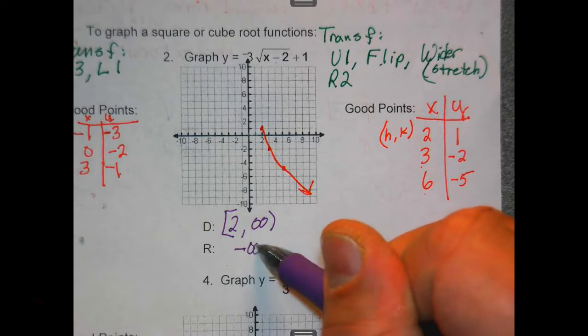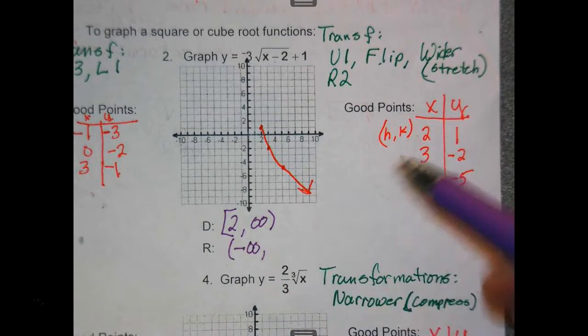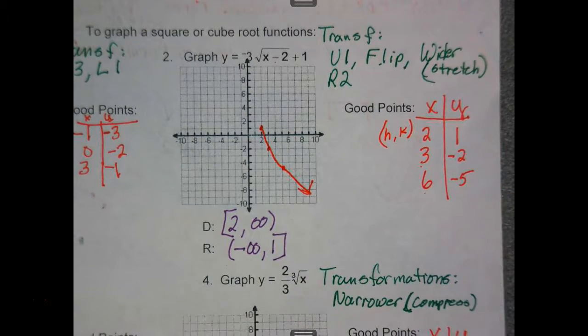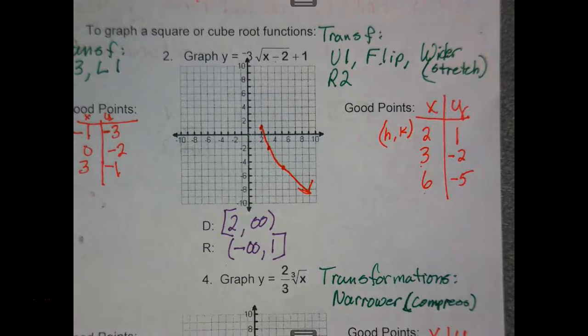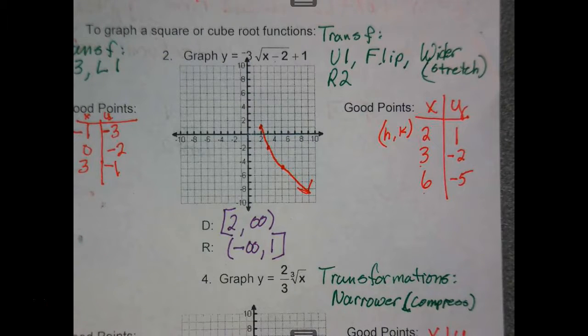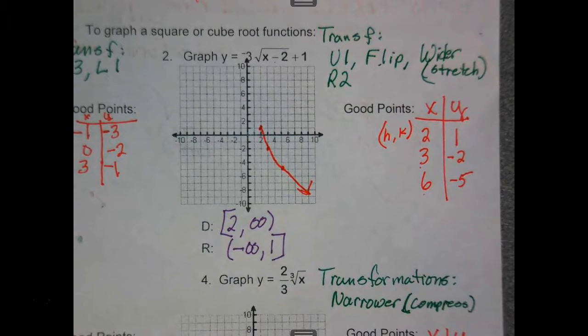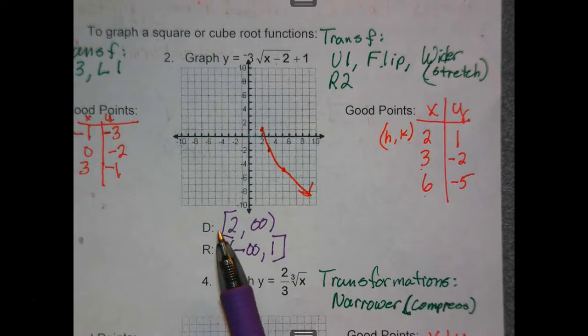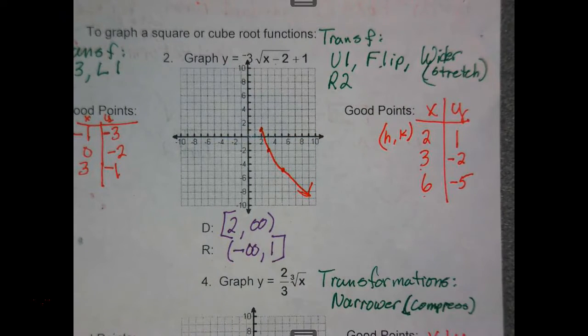So negative infinity goes first, and then my k is 1, includes the number 1. Questions? Well, because that's the larger number. Always it goes smallest, larger, smallest, large. Okay.